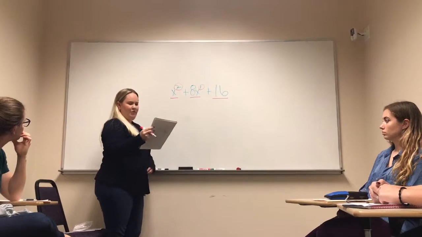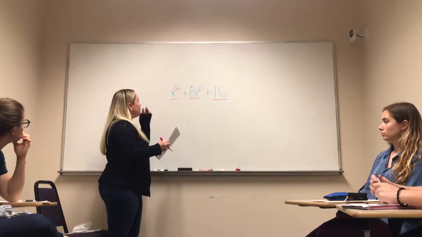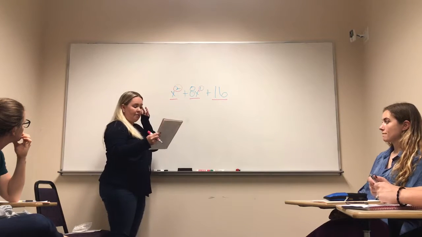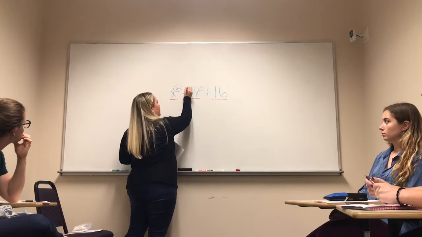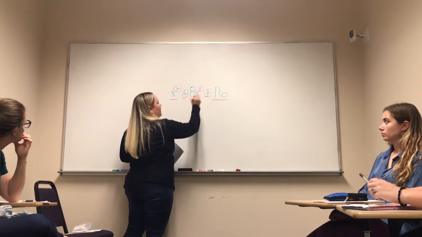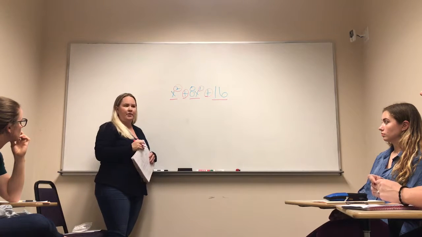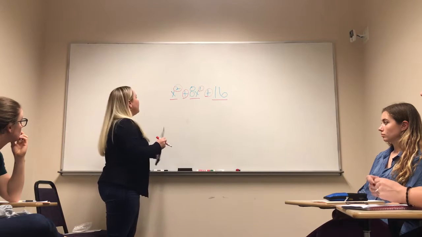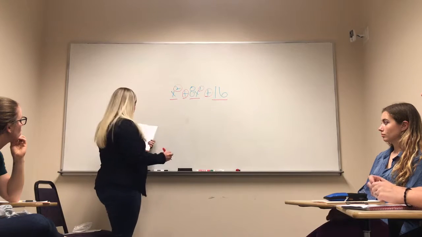So we know that polynomials are classified by the terms and the degrees of the polynomial. And we also know that depending on the addition and subtraction signs in between, that's how we know how to collect the like terms. So now we know what a polynomial is, and we need to know how to collect the like terms.